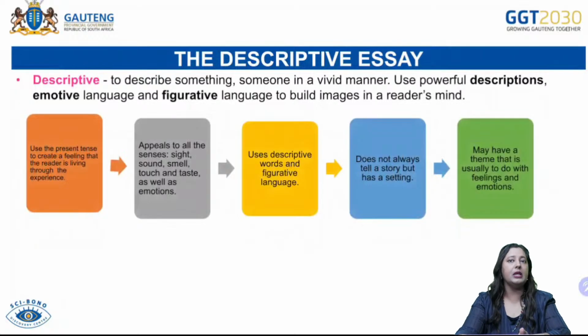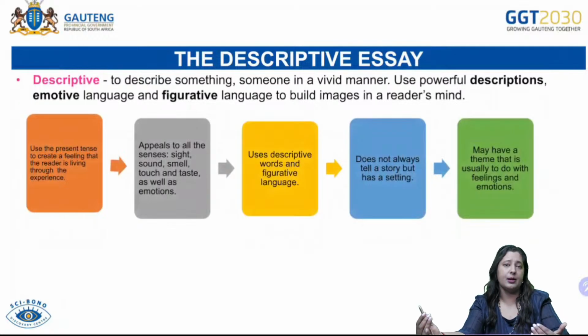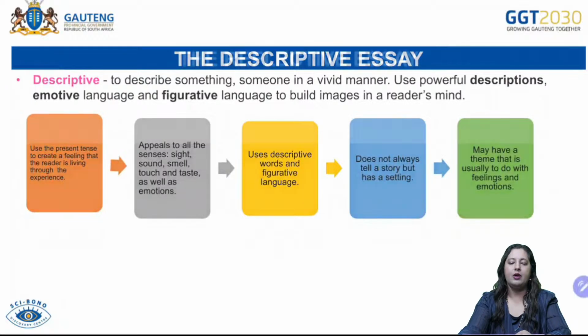You have included maybe a reference to at least 2 or 3 of your senses there, the imagery of your sense that they can attach to our senses, and then you've used descriptive words. And please always try and include a setting if you can there, and then maybe have a theme that is usually to do with someone's feelings or emotions about the particular object or incident.